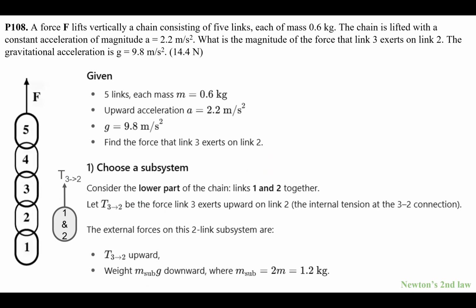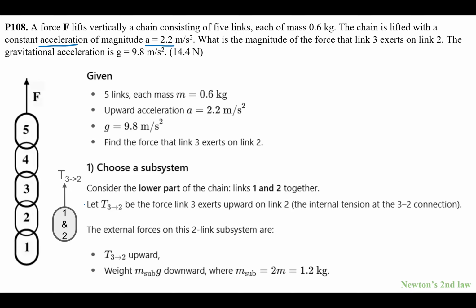Next one, a force F lifts vertically a chain consisting of 5 links. It's 1, 2, 3, 4, 5. And the chain is lifted with a constant acceleration of magnitude given by this. What is the magnitude of the force that link 3 exerts on link 2?